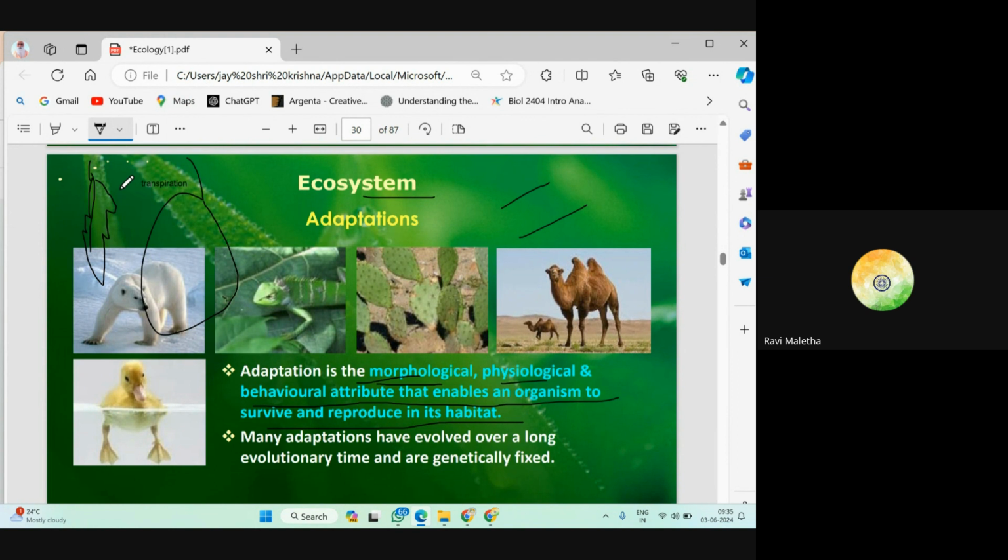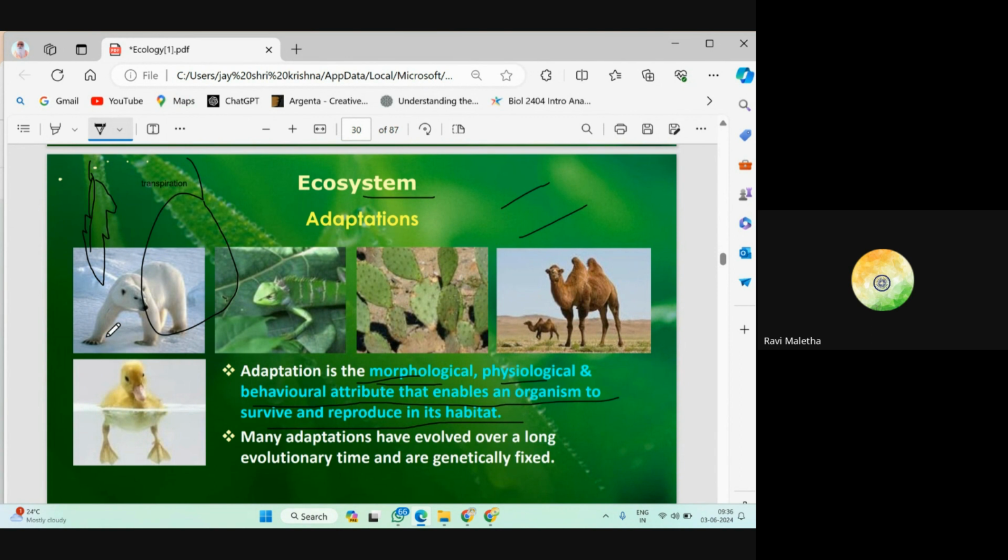So in hilly regions, the leaves are very thin and have a downward curvature. If snow falls on this leaf, the snow will fall off. So this is morphological adaptation. Morphological adaptation means the plant adapts with the help of a specific adaptation in its leaves, stem, or roots.